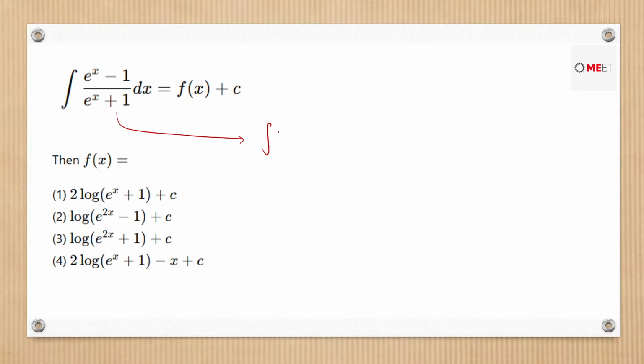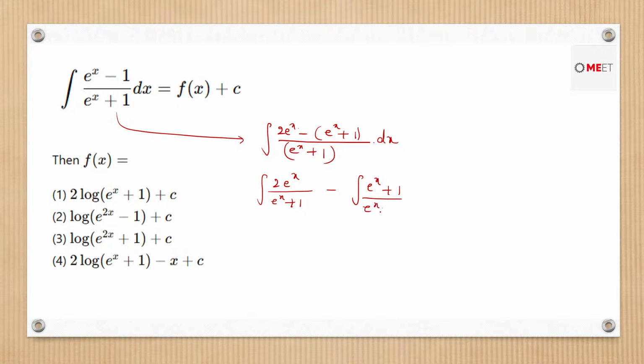Integral 2e power x minus e power x plus 1 divided by e power x plus 1 into dx. So this would be 2e power x by e power x plus 1 minus e power x plus 1 by e power x plus 1 into dx.